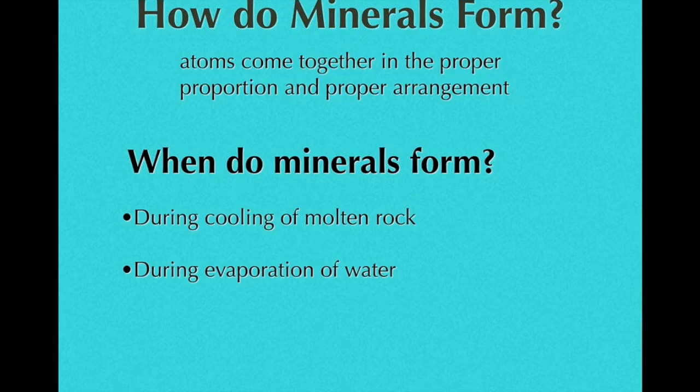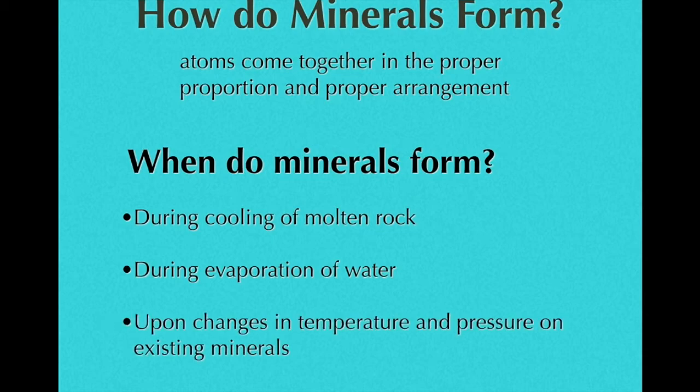So you have some form of fluid, whether it's molten rock or water, that cools or heats up, so evaporation of water, that water leaves, or cooling a molten rock, and so certain minerals are going to fall out of solution in a very particular order. And then we can also have changes of temperature and pressure on an existing mineral.